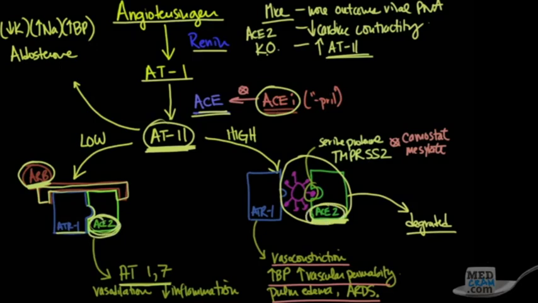So you can see, according to the animal hypothesis, that if you added an ACE inhibitor, it would block this ACE enzyme, making sure that this angiotensin II was on the low side. But what we may be seeing is that these angiotensin levels are actually on the high side. And you would predict that if angiotensin II levels were on the high side, you would expect there would be aldosterone and low potassium and high blood pressure.